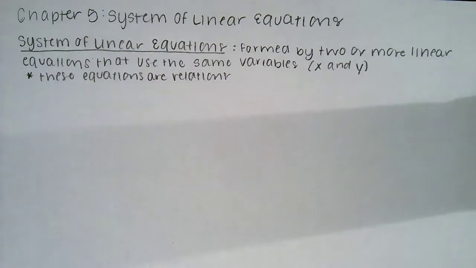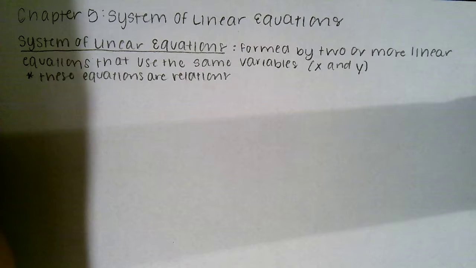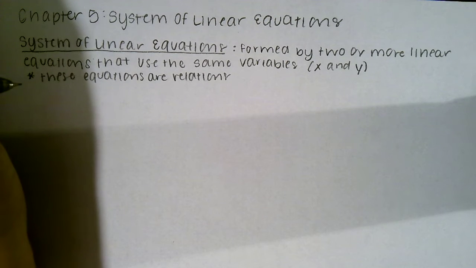They use the same independent and dependent variable. This is different than when we were working with scatter plots, because we took two data sets and compared them, but we didn't even know if they were related or not. Here we already know that they're related, okay? So we should see some interesting relationships between these two lines.